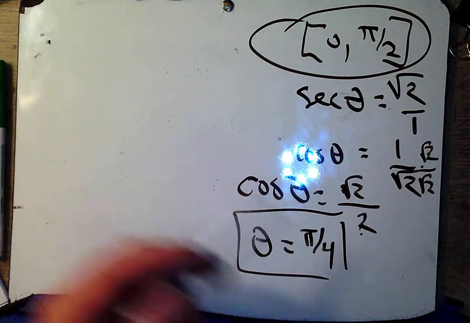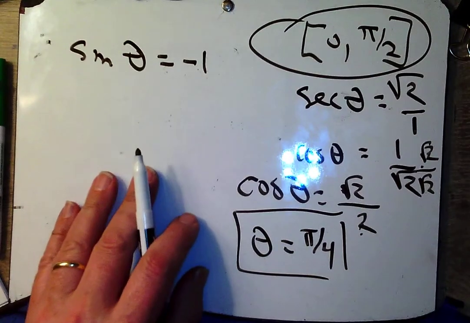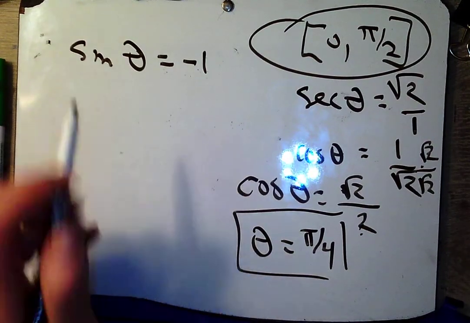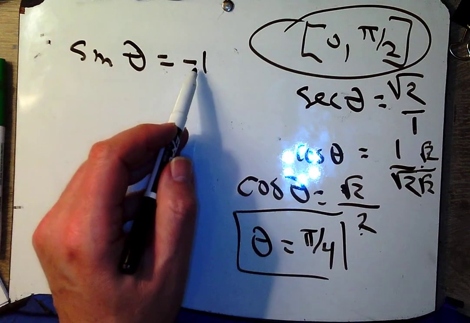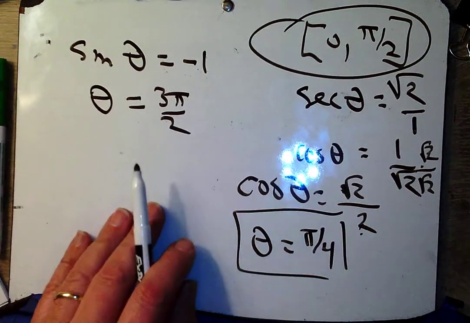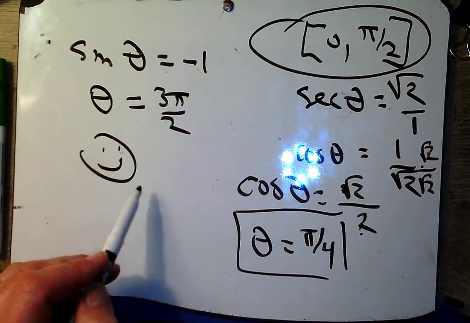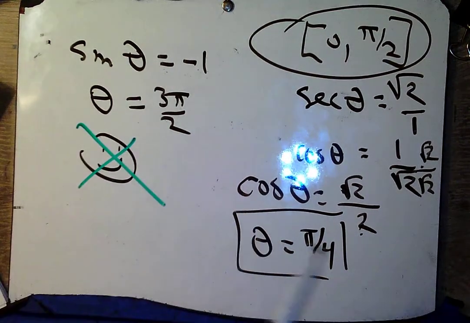Okay? How about this one? Sine of theta equals -1. Well, I know sine is the y value, and on the unit circle, the y value is -1 when theta equals 3 pi over 2. Oh, no, that's wrong. How come?